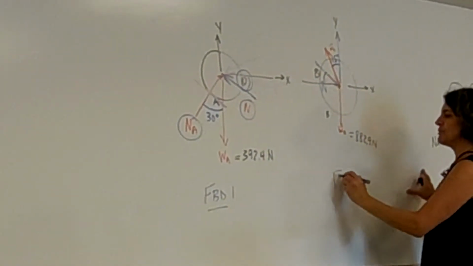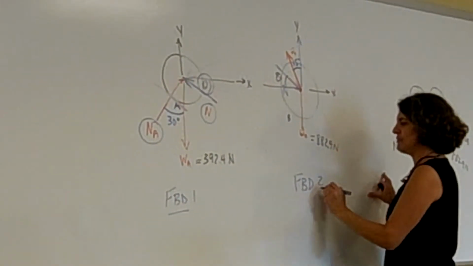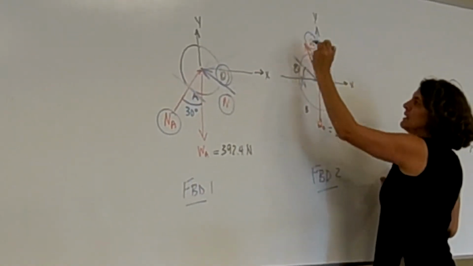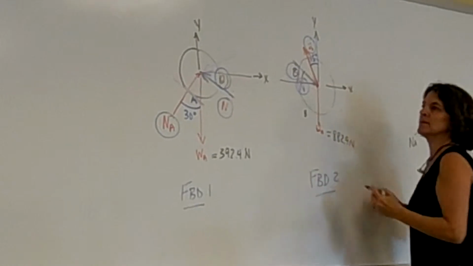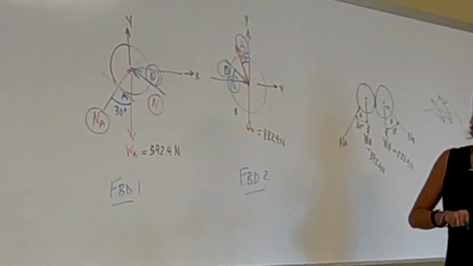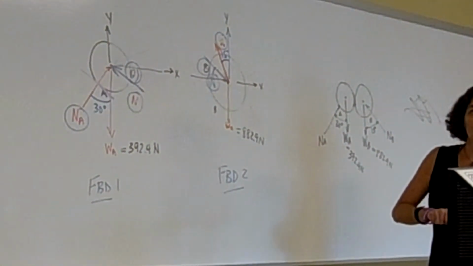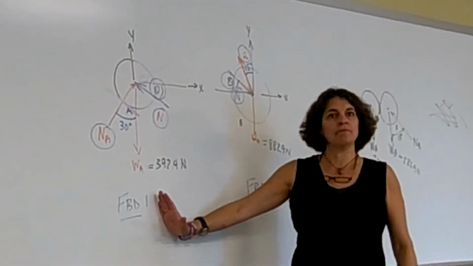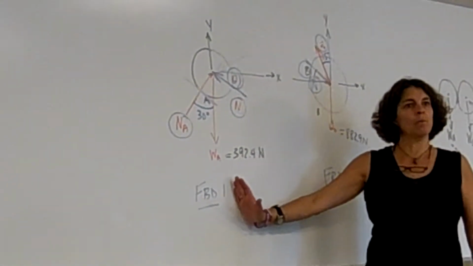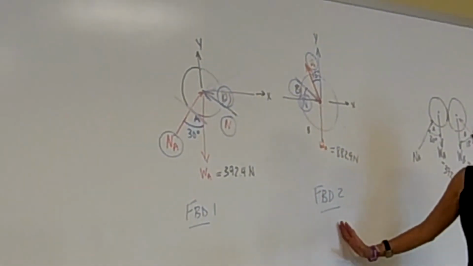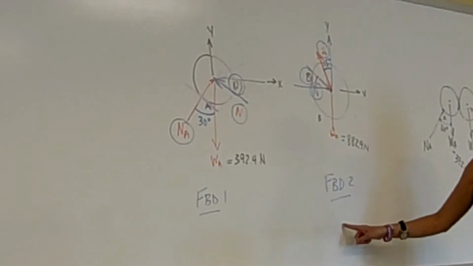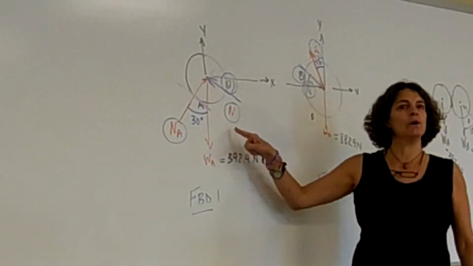How many unknowns does free body diagram 2 have? 1, 2, 3 again. Which means if we looked at free body diagram 1 first, or free body diagram 2 first, we would not be able to solve for all the unknowns because there are 3 unknowns here.